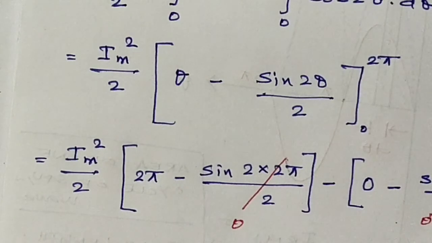So the effective value, how we can say it: the steady current which when flowing through the given circuit for a given time produces the same amount of heat as produced by the alternating current when flowing through the same circuit and same time. So that is called the V effective or I effective. So it is the same current produced by the steady current and alternating current. So that is called the V effective or I effective. So this is the IRMS value.